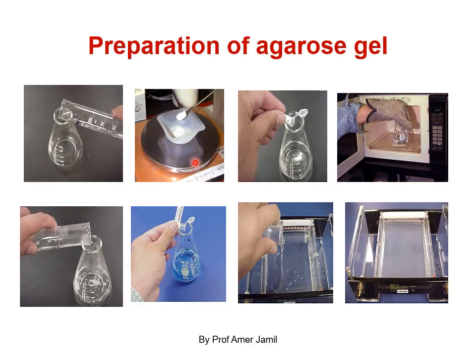If you want to isolate larger fragment sizes, then you have to make a gel of lower percentage, like 0.8, or you can go down to 0.5, or sometimes even 0.3% gel, although it will be a very thin gel. But the lower the percentage, the bigger the mesh size, and larger fragments will be resolved better.